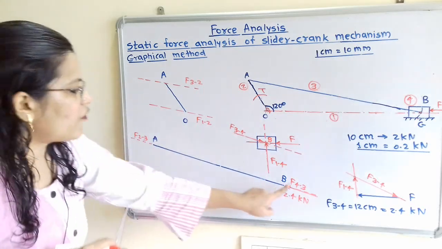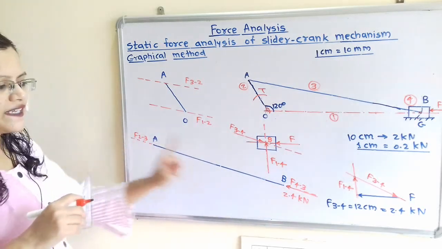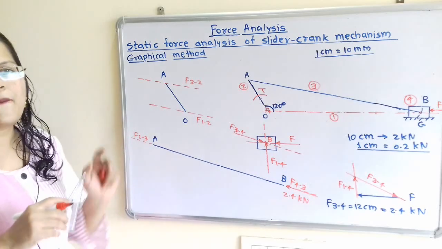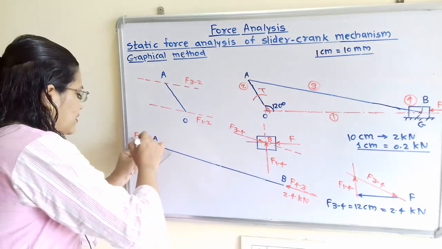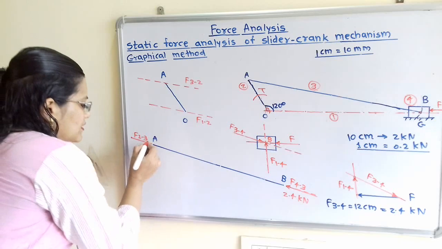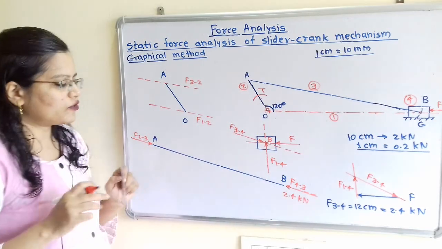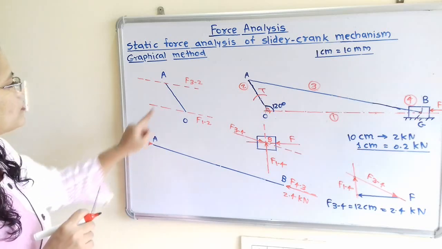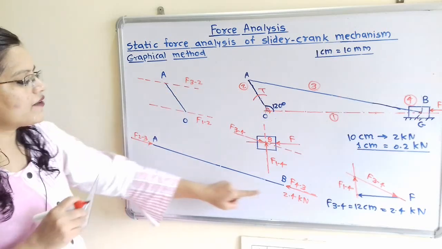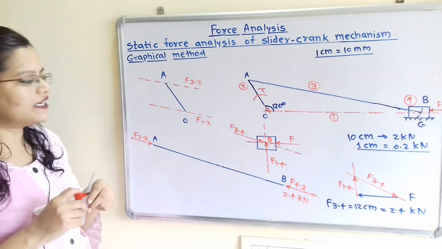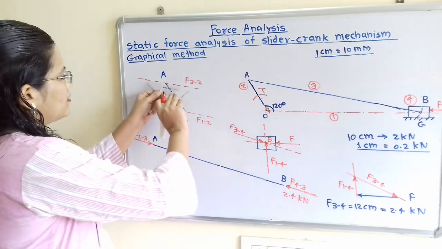Then F of 4 to 3 and F of 2 to 3 are equal in magnitude but opposite in direction, so I will show the opposite direction and the same magnitude, 2.4 kilonewton. Now F of 2 to 3 and F of 3 to 2 are equal in magnitude but opposite in direction. So I will show here the direction.